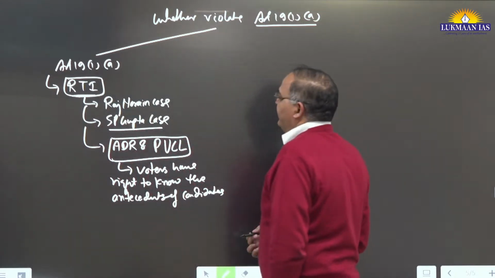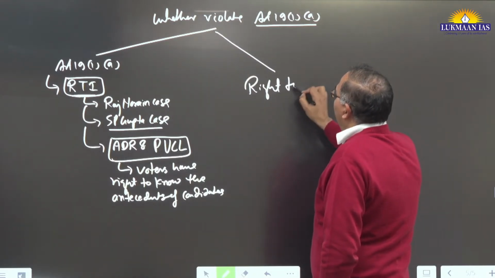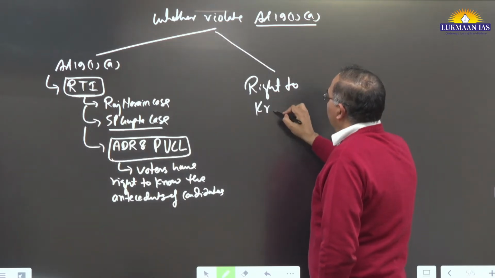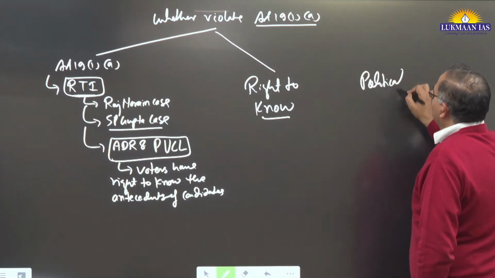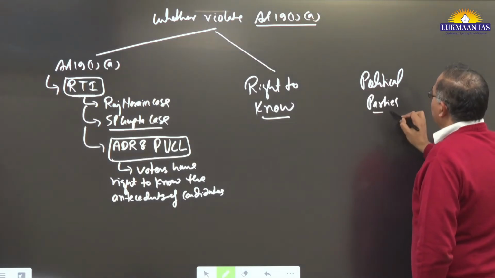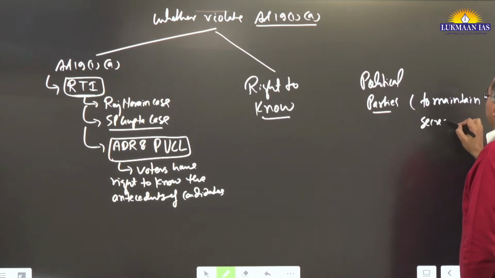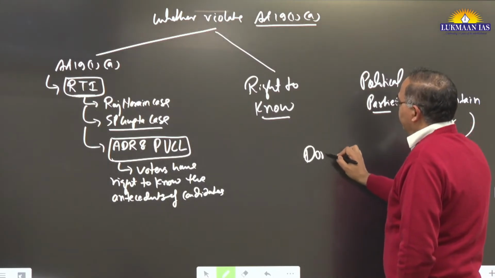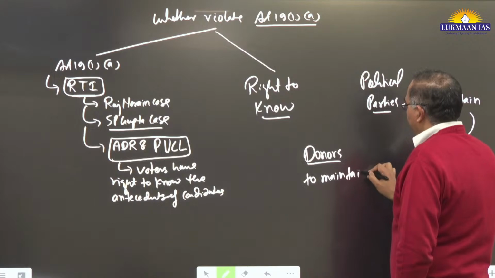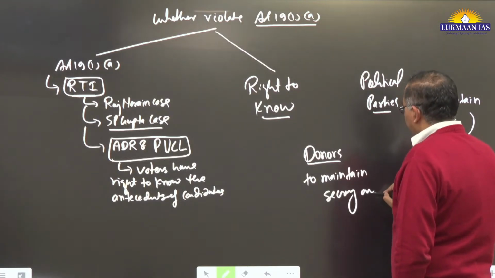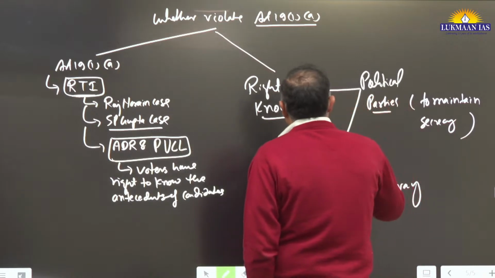Basically, they are trying to weigh down the right to know on the one hand against, on the other hand, political parties maintaining secrecy, and donors maintaining secrecy and privacy. This is the relationship.